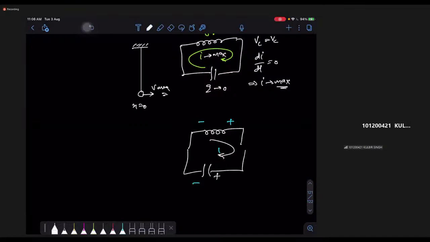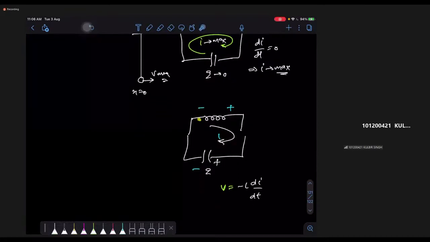Now with that polarity reversed, charge accumulates on the plates. These charges accumulate on the plates. And I can say that it is now going to give me the potential here, minus L di by dt.